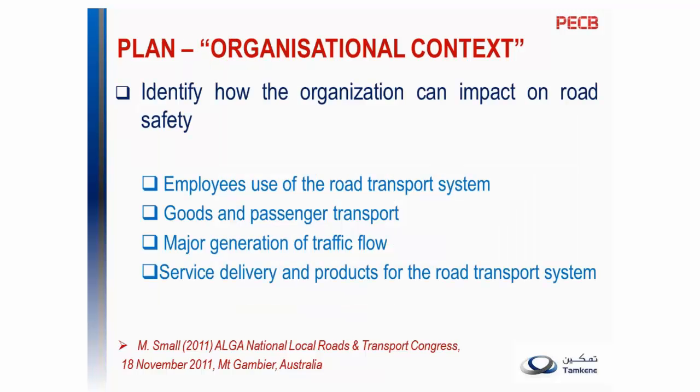So to discuss a bit on the important aspects of the management system concerning ISO 39001, on the planning aspect, you need to consider the organizational context. So you need to identify how the organization can impact road safety, such as the employee use of the road transport system, goods and passenger transport, major generation of traffic flow, service delivery and products from the road transport system.